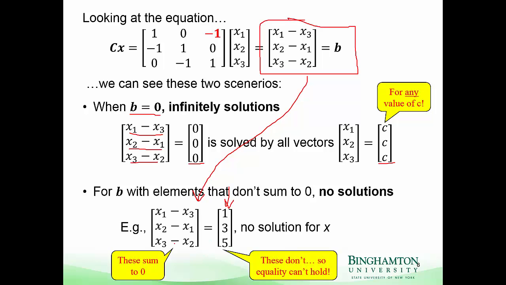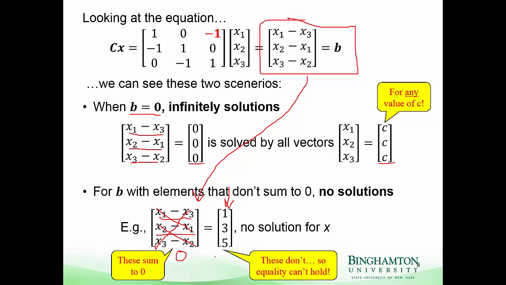If we look at the left side, well, if we add those elements up, we're going to get x1 minus x3 plus x2 minus x1. So notice that those cancel. Plus x3, so those cancel. Minus x2, those cancel. And what are we left with? 0.